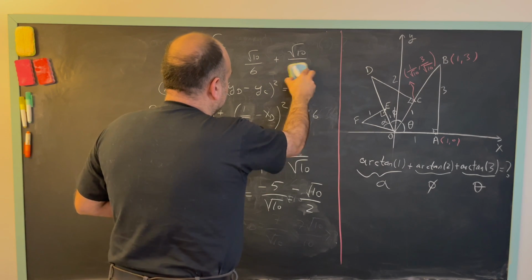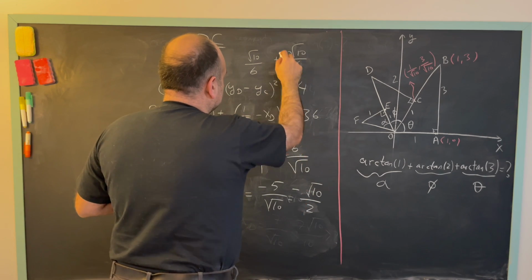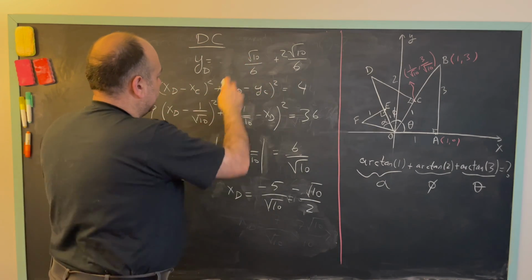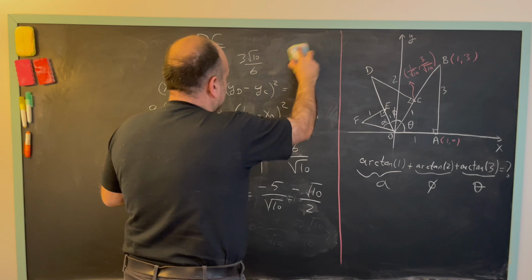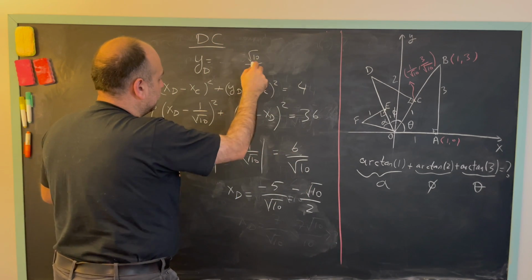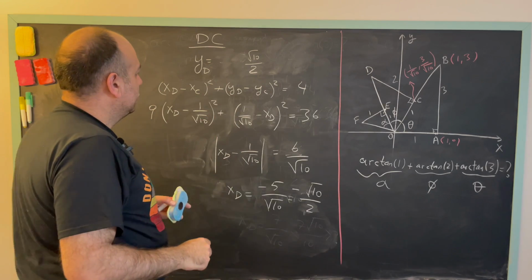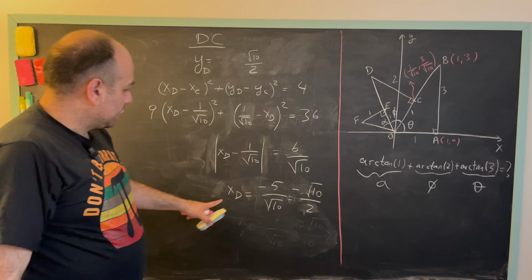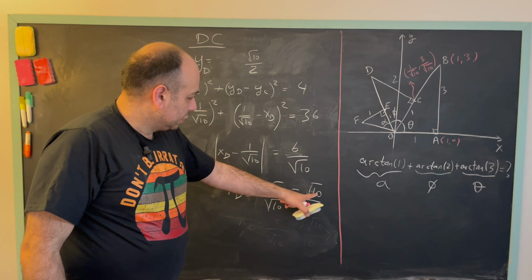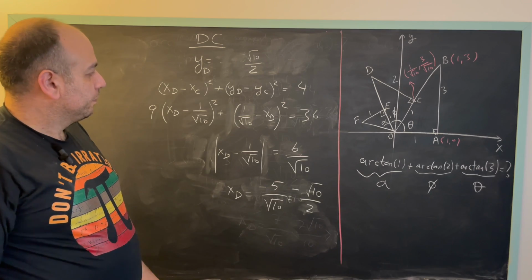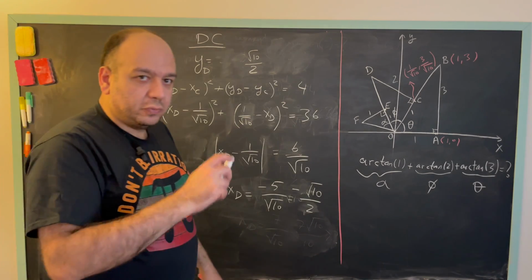So if I multiply this by 2, it becomes 2. Okay, so 2 plus 1 is 3. So this is gone. So 3 over 6 is equal to, so 3 over 6, I have 2 here. So y of d turns out to be √10/2. So x of d is minus √10/2. Y of d is equal to √10/2. This is good. So we will move on from here.